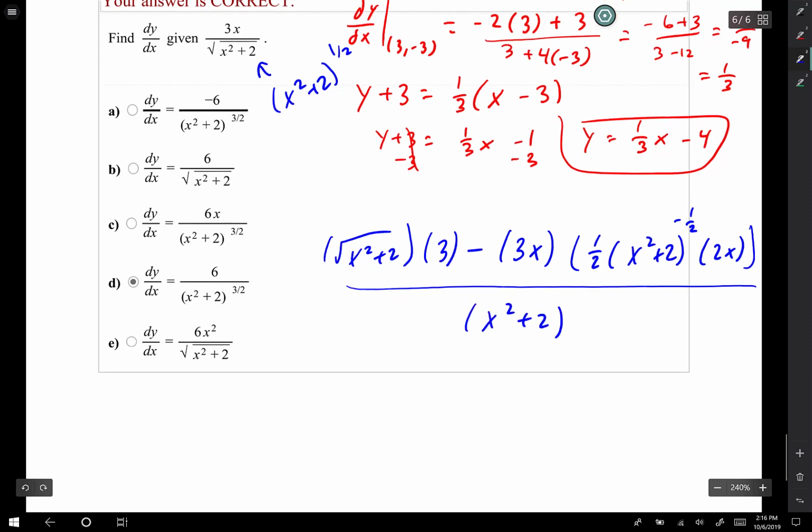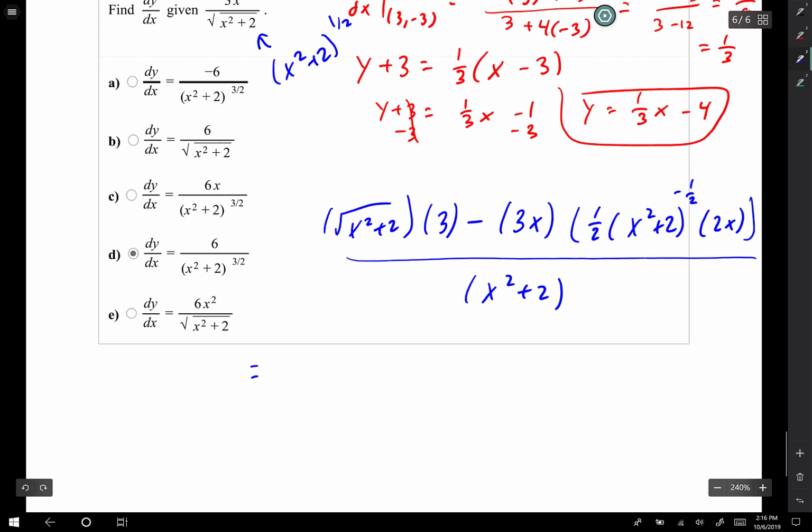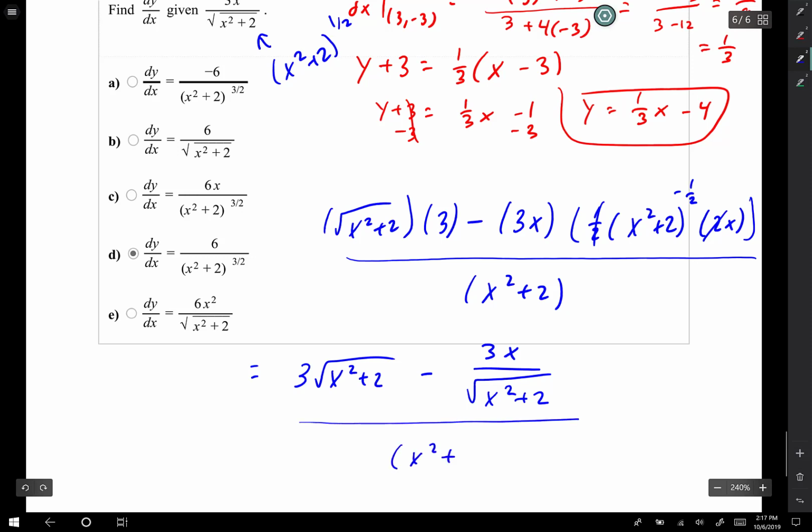All right, so now let's simplify and see what we got here. So we have 3 square root of x squared plus 2 minus, let's see, these 2's cancel out, the 2 cancels out with the half. So I have a 3x on the top, and on the bottom it looks like I'm going to have the square root of x squared plus 2, and all this is still over x squared plus 2.